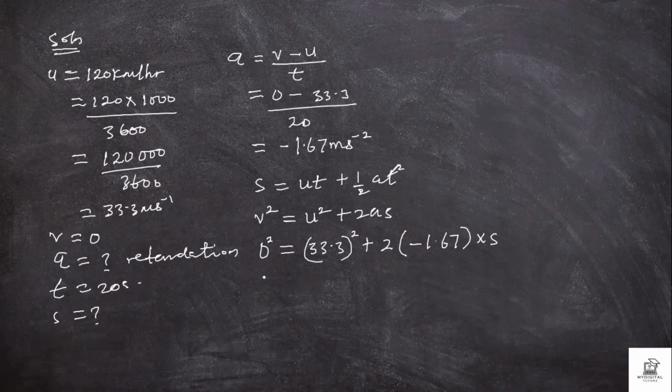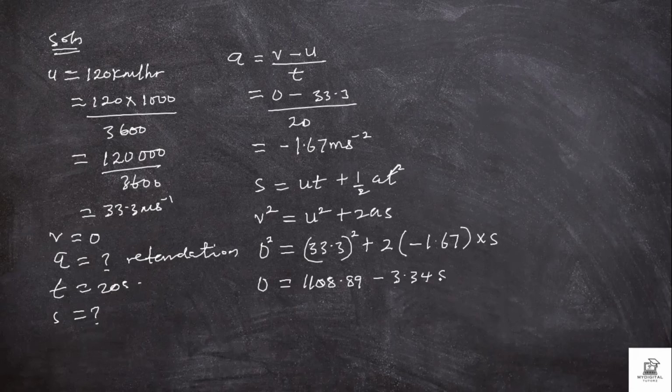So 0 equals 33.3 squared, which gives us 1108.89. Then remember this is 2 multiplied by minus 1.67, which gives us minus 3.34.